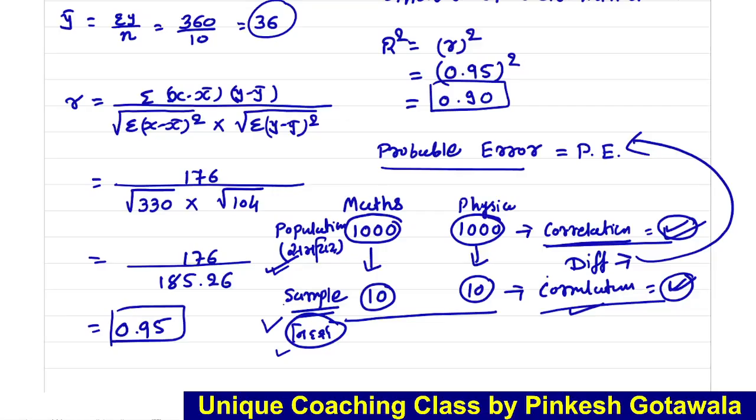તો આપણે જે સમષ્ટિ છે એટલે કે પોપ્યુલેશન, સમષ્ટિ મીન્સ પોપ્યુલેશનનો જે કોરિલેશન છે, અને સેમ્પલ મીન્સ નિદર્શ, એનો જે કોરિલેશન છે, બંને વચ્ચે જે ડિફરન્સ આવશે એ ડિફરન્સને આપણે એવરેજ કરીશું. That average is called probable error. Clear?